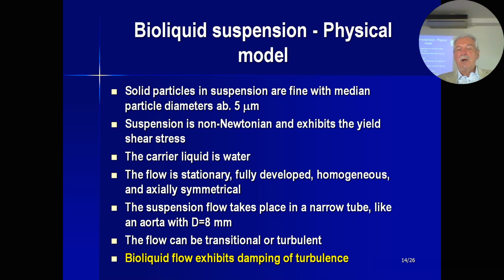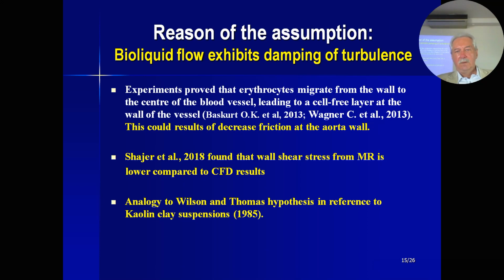And bioliquid flow exhibits damping of turbulence. This is my hypothesis. I don't have a proof from literature, but this is my hypothesis that in case of blood flow, there is suppression of turbulence at the wall. Reason why I choose such assumption that bioliquid flow, like blood, exhibits damping of turbulence.